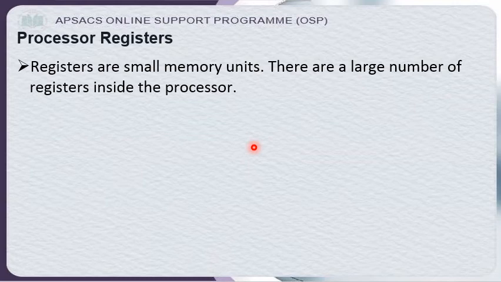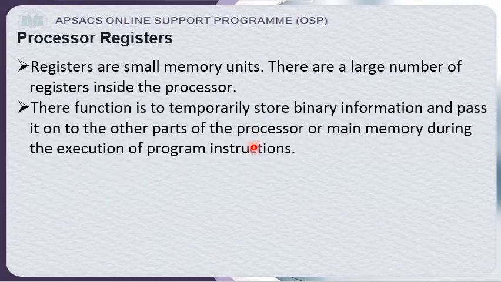What is their functionality? They store your data temporarily in binary format and pass it to another part of the processor or CPU, or to the main memory, during the execution of a program or instruction.